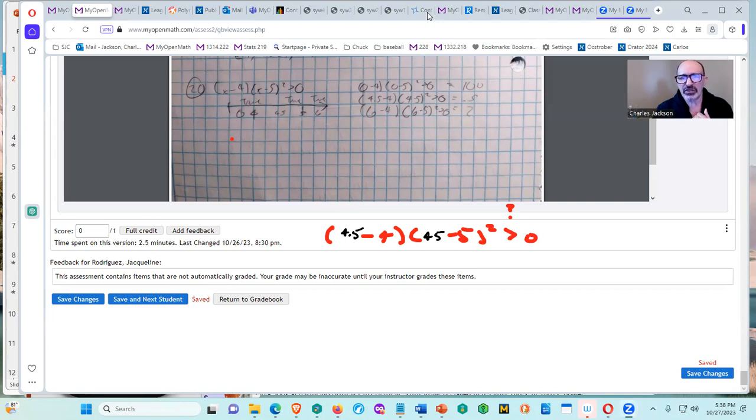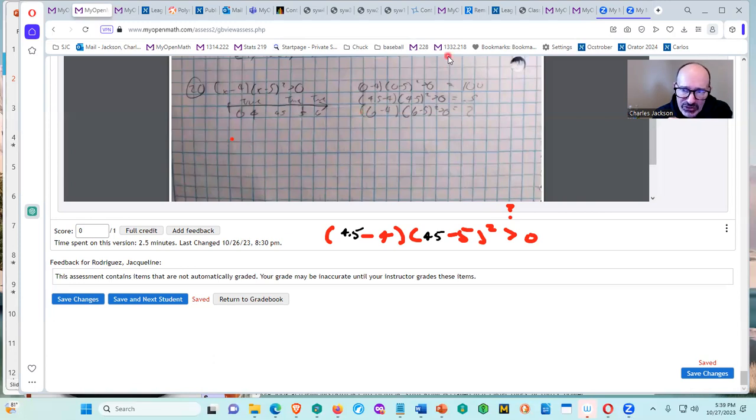Oh, the test points are these numbers that she's using, which are 0 and 4.5 and 6. The critical numbers are 4 and 5. So she picked three other numbers, one to the left of 4, one in between 4 and 5, and one to the right of 5. Those are the test points.